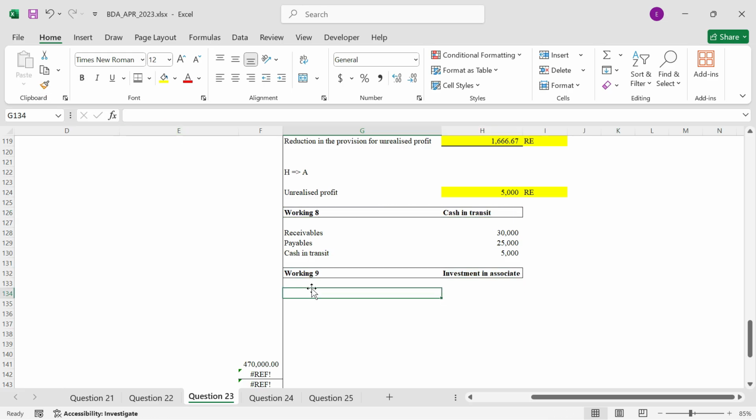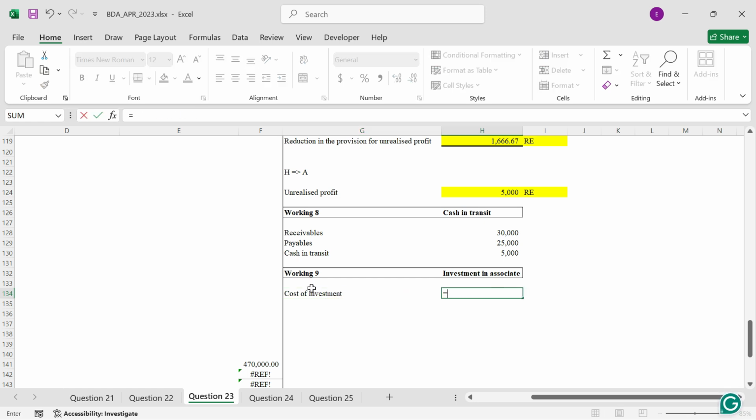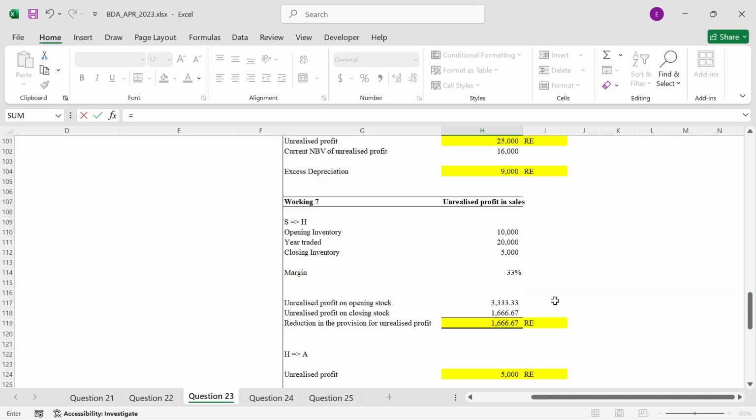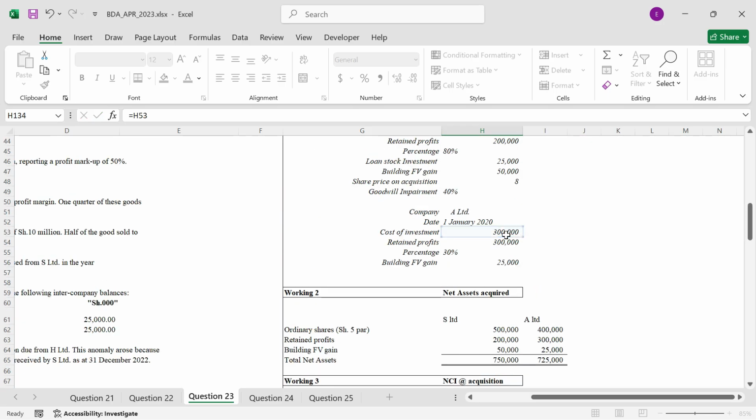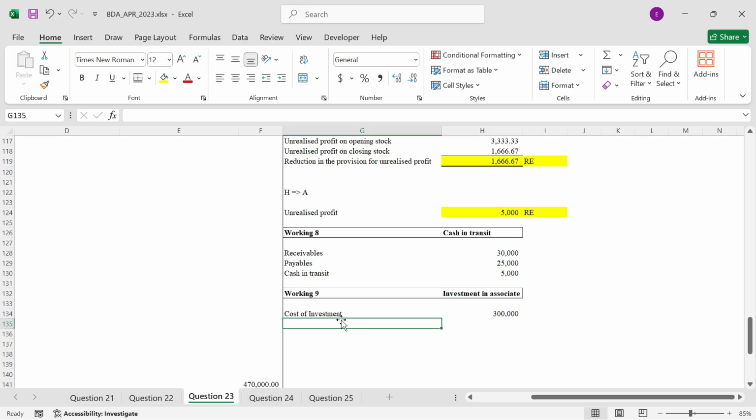So I'm going to first find the cost of investment, which I had as 300,000, but then I want post acquisition profits.